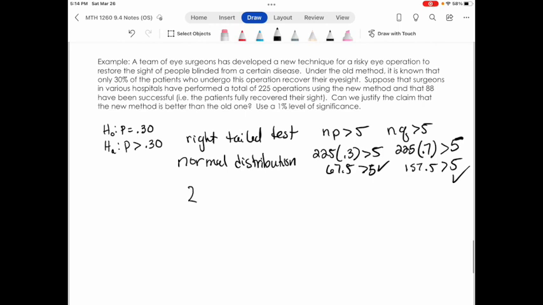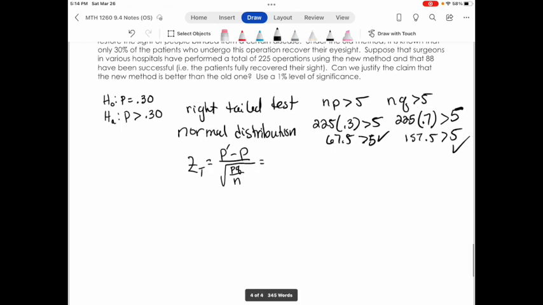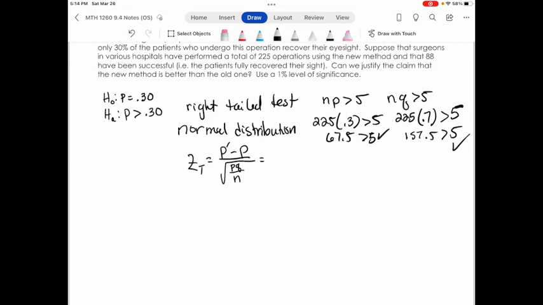In my test statistic, when we're dealing with proportions and I'm using the normal distribution to approximate, our test statistic is going to look like this. We're going to take our p prime from the sample, subtract it from our proportion, and then divide by the standard deviation, which is pq over n, and then square root it. So let's find our test statistic. If we take 88 out of 225, that's our p prime. That comes from the sample.